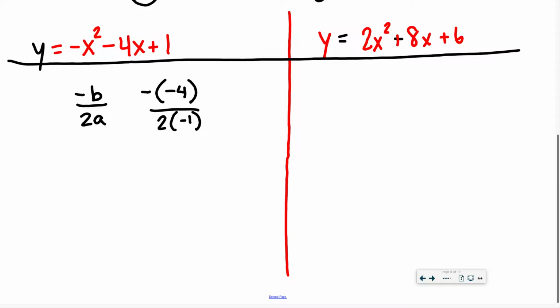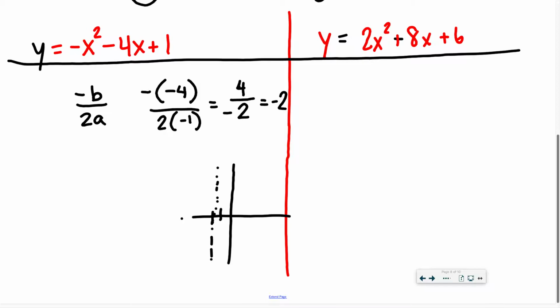Good. So that's positive 4 divided by negative 2, which is -2. Good.